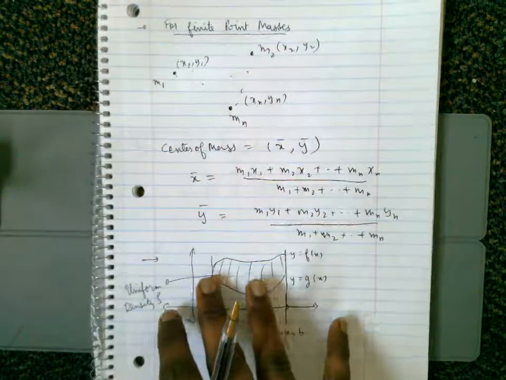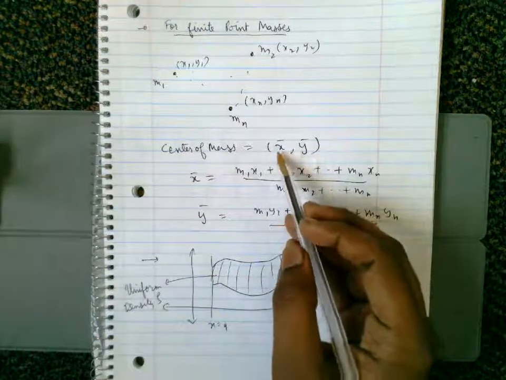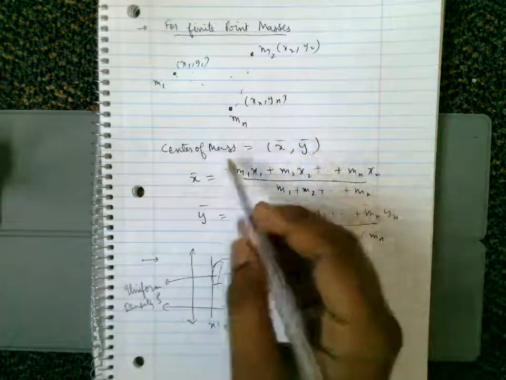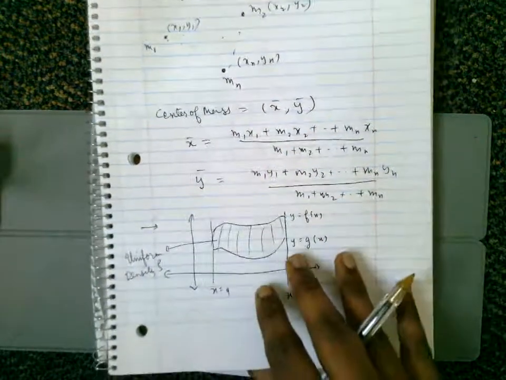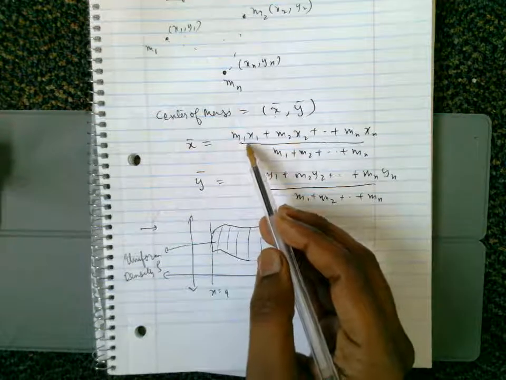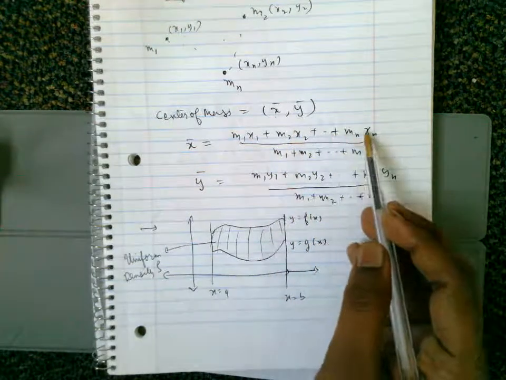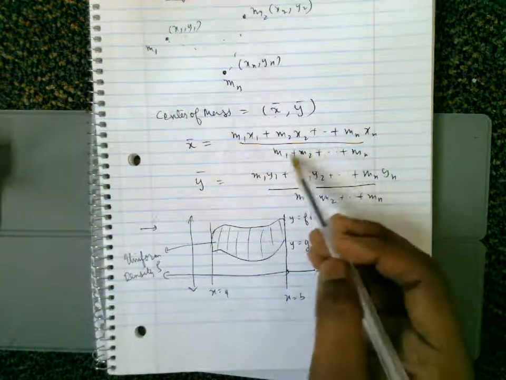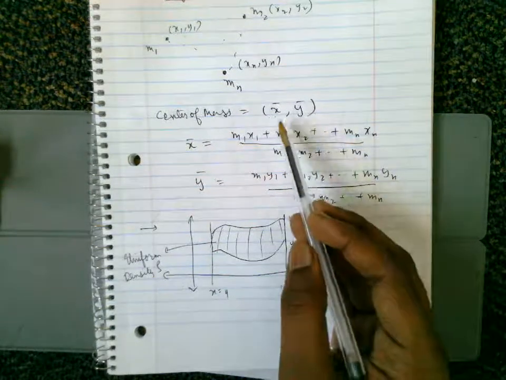Then the center of mass of this system has coordinates x comma y, so there will be two coordinates for the center of mass. The x coordinate is given as m1 x1 plus m2 x2 and so on up to mn xn, divided by m1 plus m2 and so on, the total mass. So this is the total mass, the denominator.